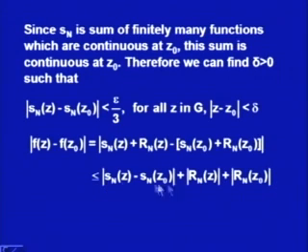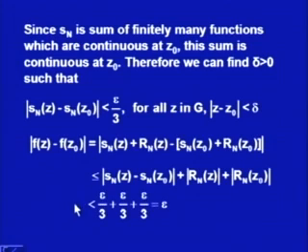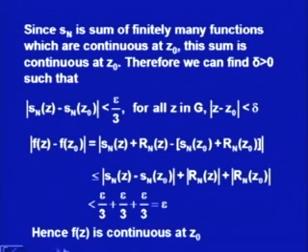Now, this modulus is taken as less than epsilon by 3, and this is uniformly convergent, so it is again epsilon by 3, and for z naught this also is less than epsilon by 3. That makes the modulus of f(z) minus f(z naught) less than epsilon, and this proves that f(z) is continuous at z naught.